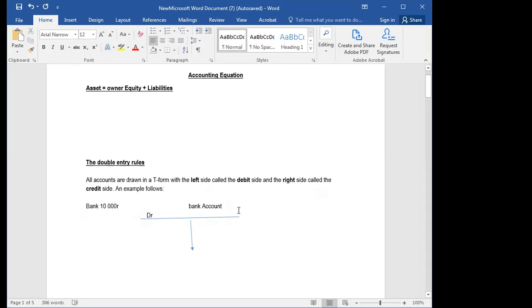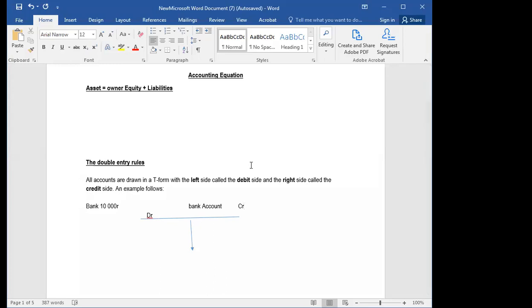On the right-hand side, we've got a credit side. All accounts are drawn in a T form with a left-hand side, which is called a debit side, and a right-hand side, which is called a credit side.